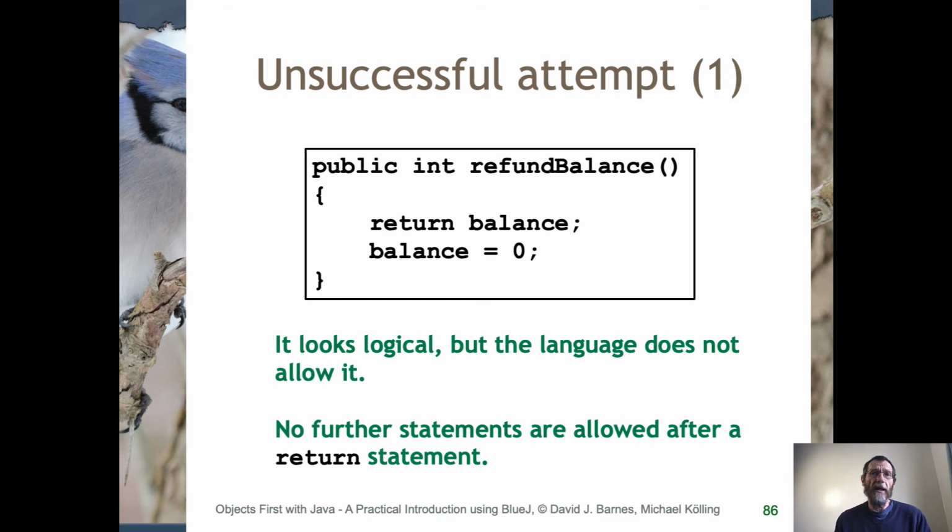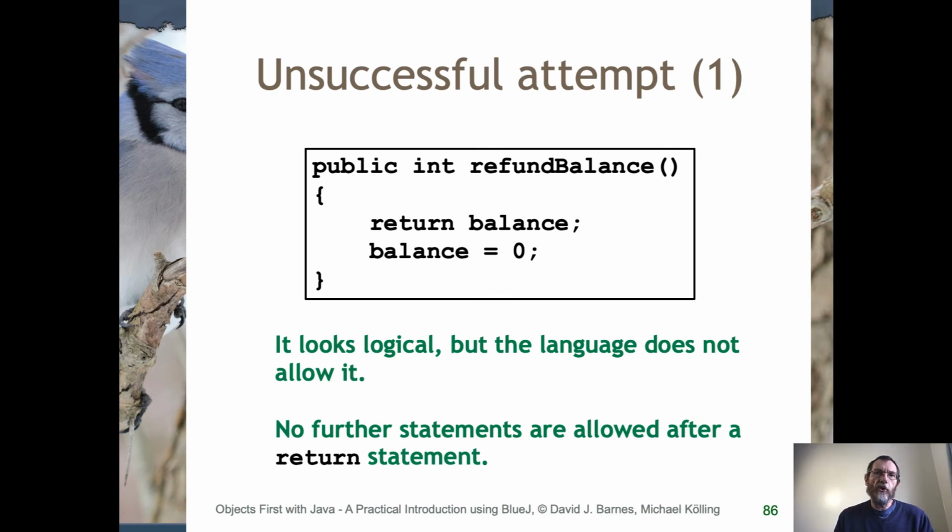The problem is that the language does not allow us to execute any statements after a return statement has been executed. And the compiler will notice that there's an assignment after the return statement and prevent the source code from compiling. It simply won't allow this to be written.